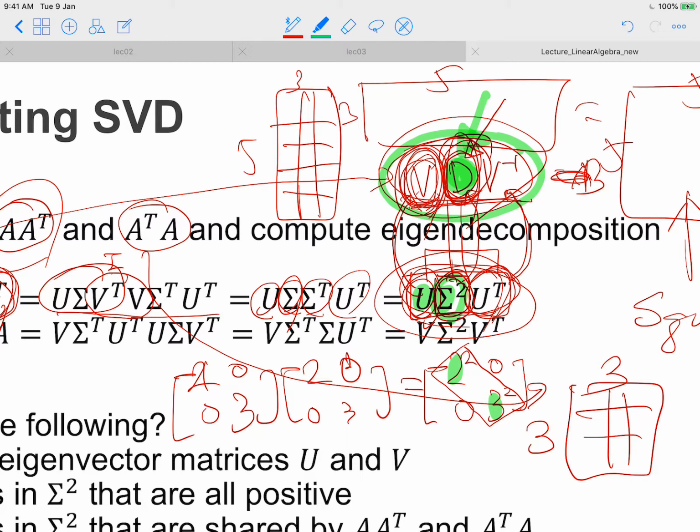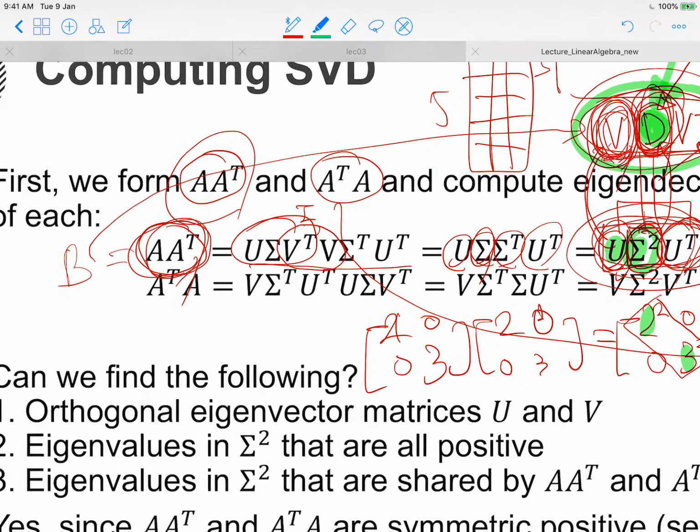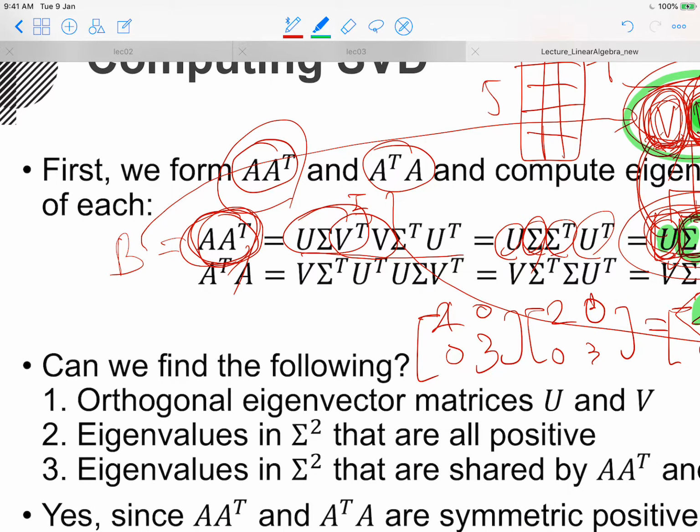Okay, so so far I just explained some scenario that makes this guy give us the solution, right? I mean, I just gave the scenario that makes this kind of conversion possible, right? And in fact, once we do the eigen decomposition on AA transpose, it will give us all the positive eigenvalues all the time, and it is also always true that this one will give us orthonormal eigenvectors.